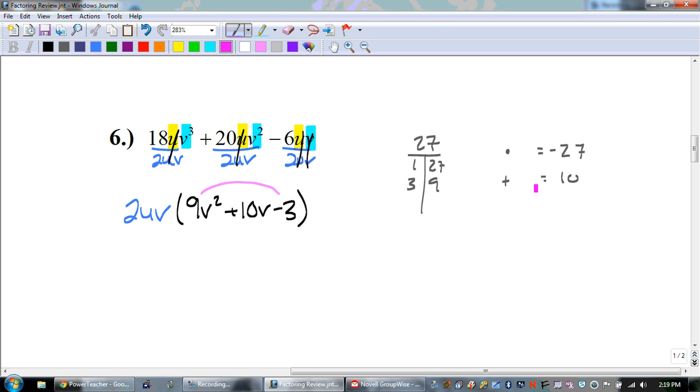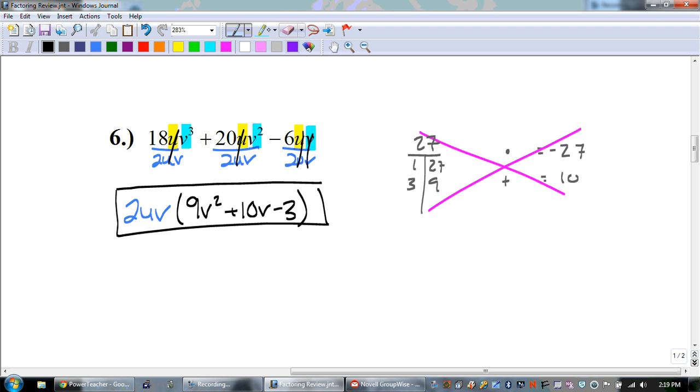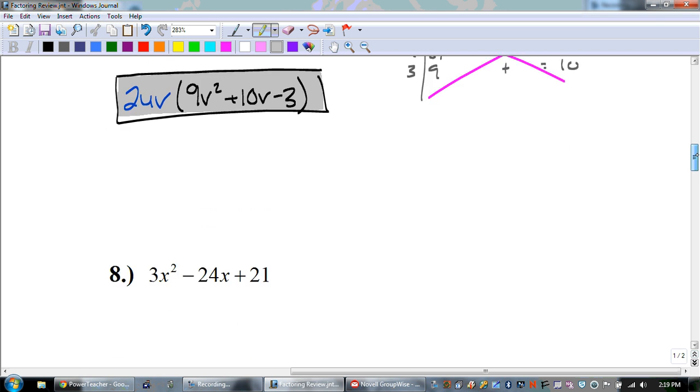Is there? Nope. So I checked to see if I could go any further, and I can't. So that is my final answer. Don't make your GCF disappear, guys. That is still part of our answer.